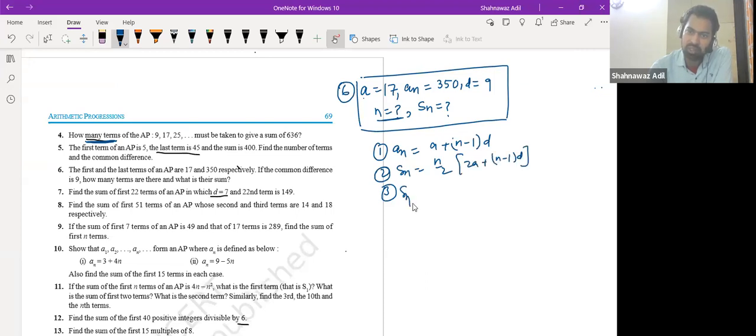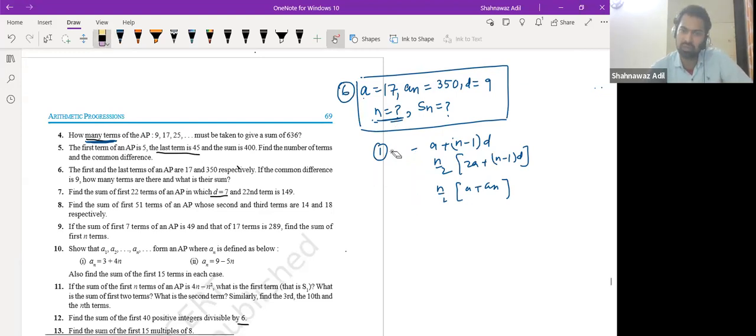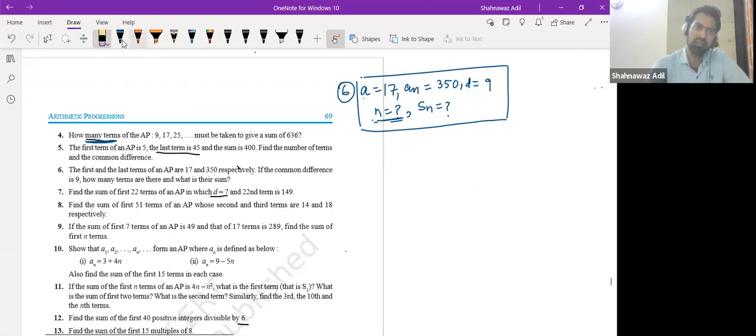And then we have Sn again, which is n by 2, A plus An. So which one can we use here to find n? We can use the first one. So let us use the first one and find out n, right?